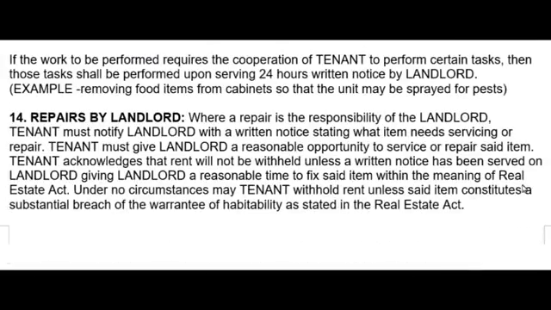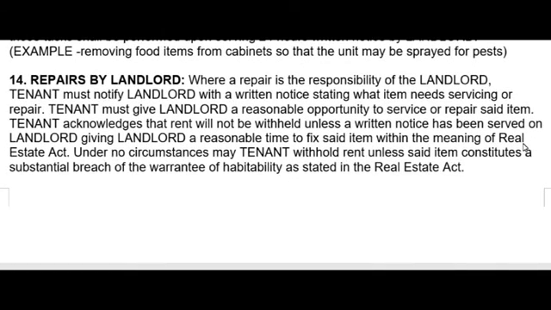If the work to be performed requires the cooperation of tenant to perform certain tasks, then those tasks shall be performed upon serving 24 hours written notice by landlord. Example, removing food items from cabinets so that the unit may be sprayed for pests.